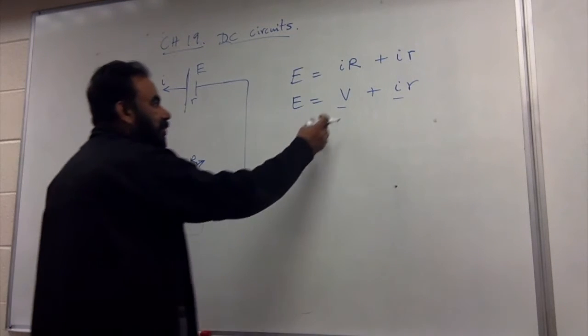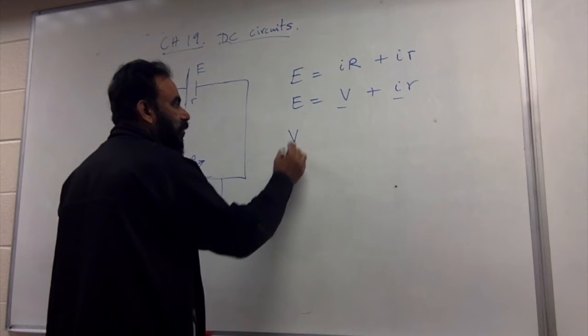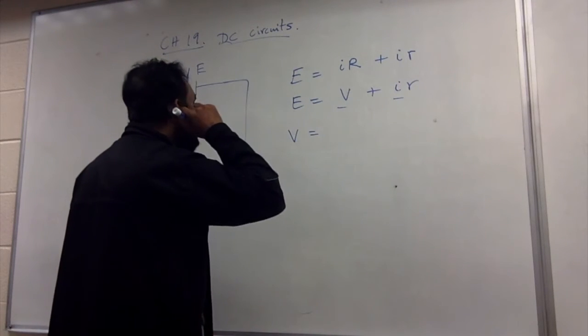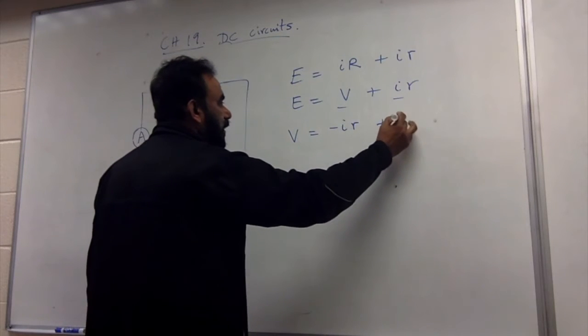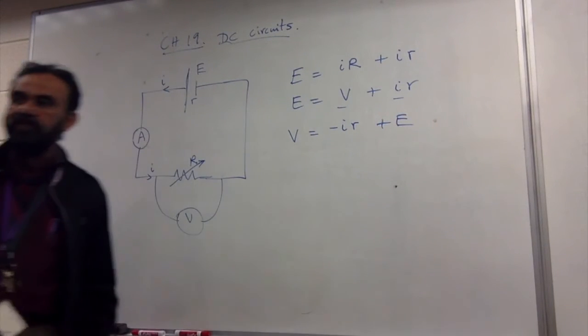Now let's make V the subject of the equation. So V is equal to minus Ir plus E. Is that equation okay?